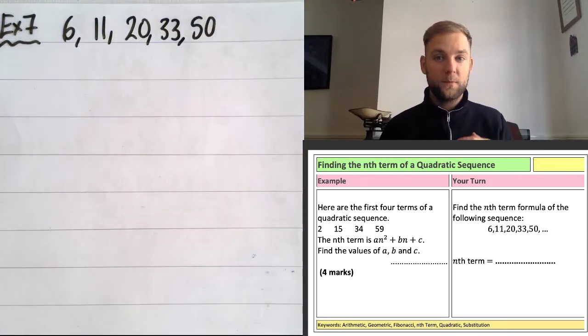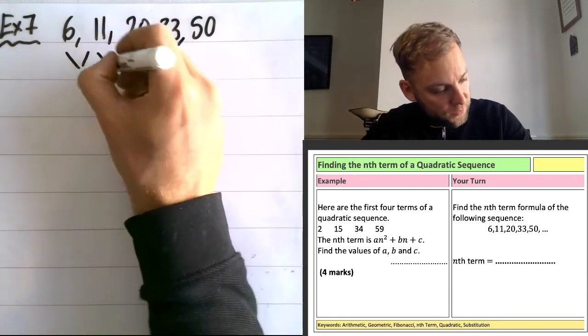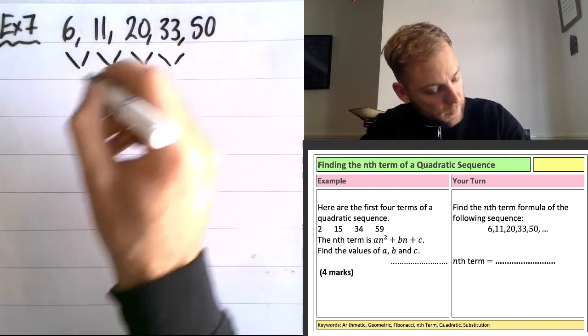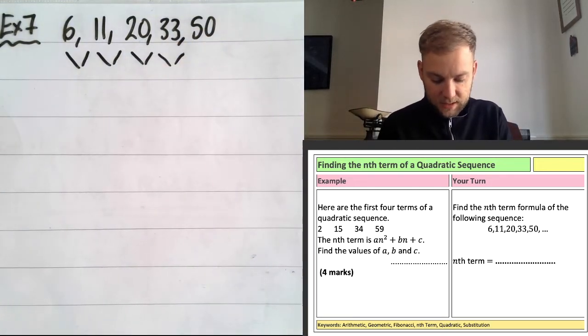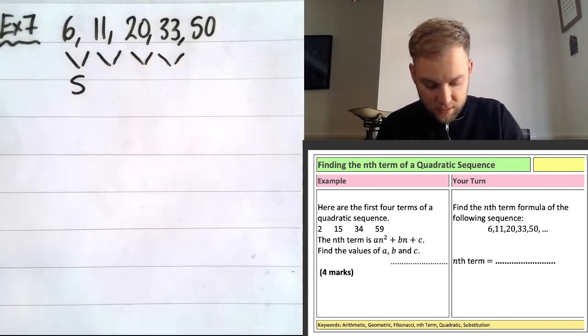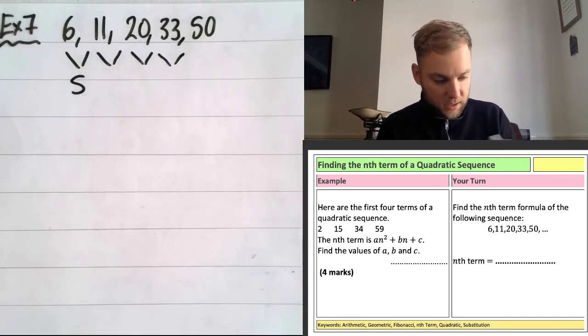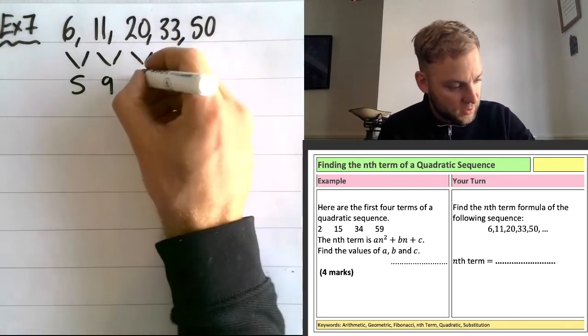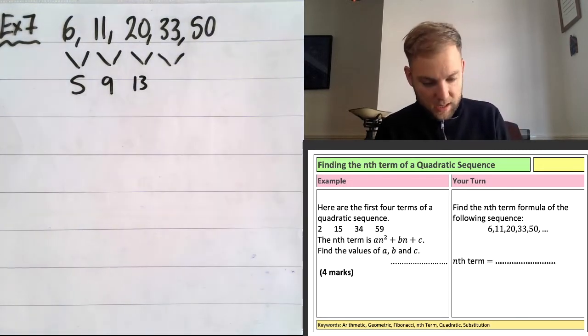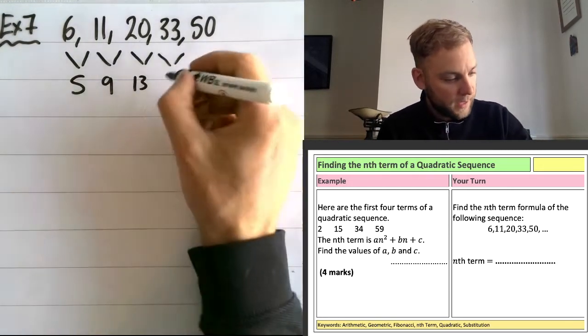So, find my first difference first. So 11 take away 6, it's gone up by 5, 20 take away 11 is 9, 33 take away 20 is 13, and 50 take away 33 is 17.